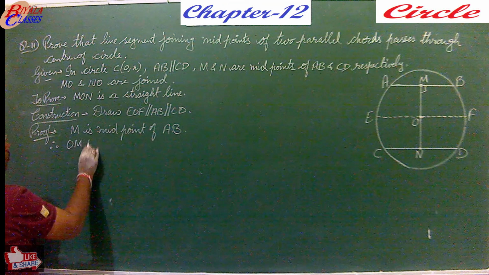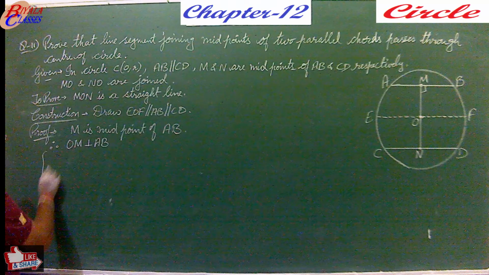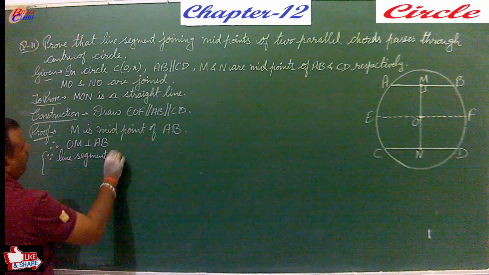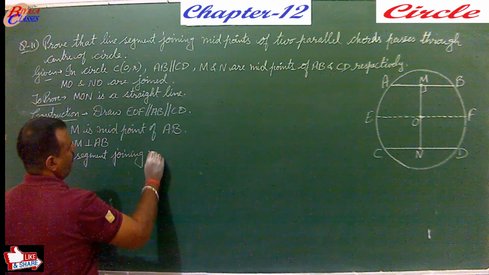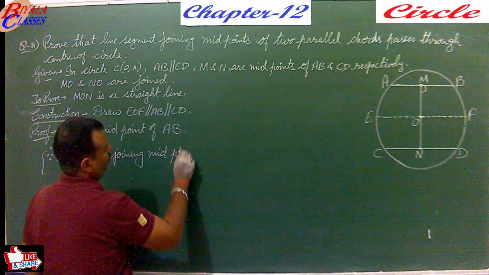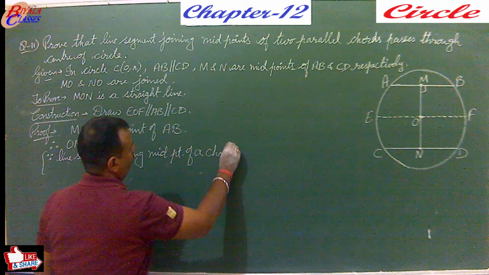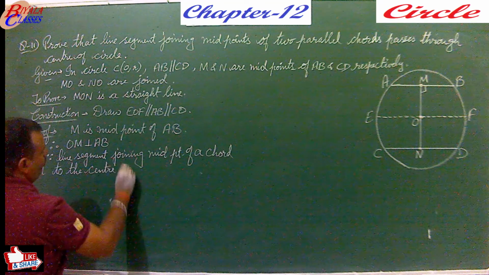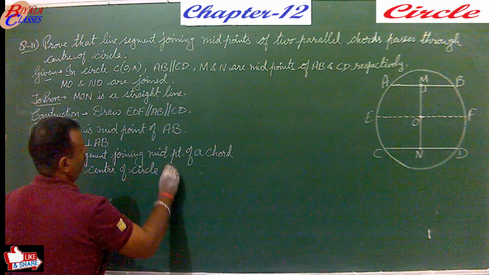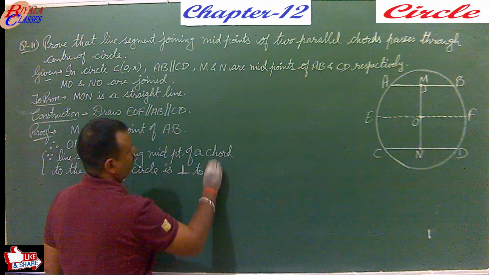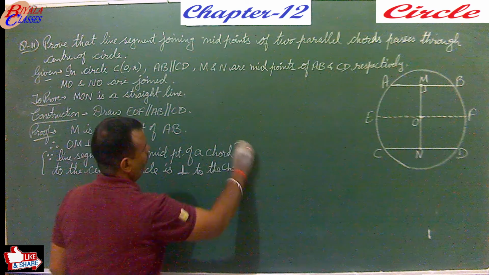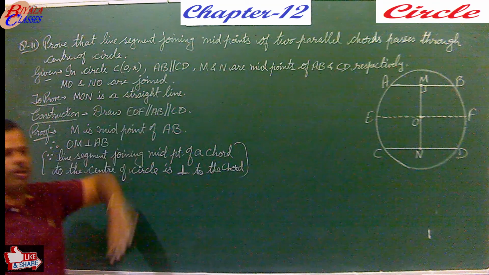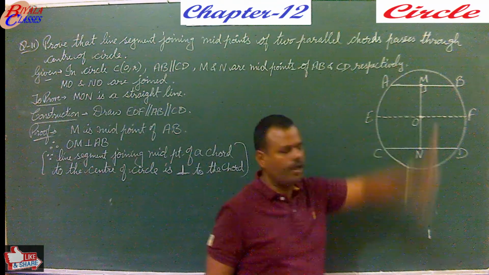Therefore OM is perpendicular to AB, because the line segment joining the midpoint of a chord to the center of the circle is perpendicular to the chord.